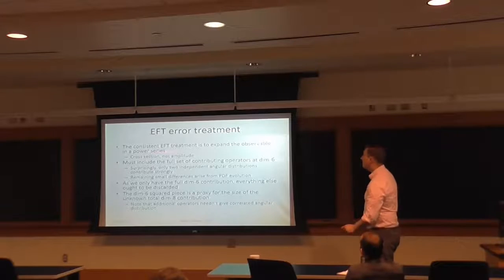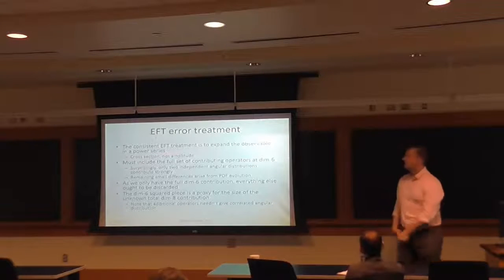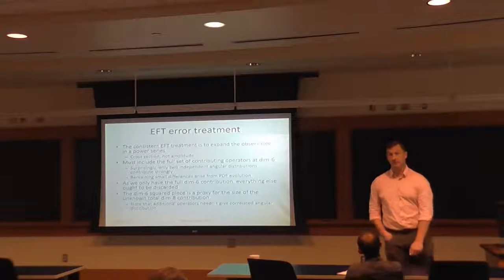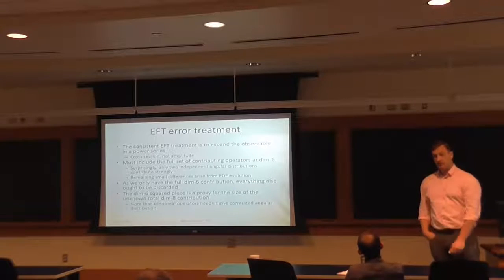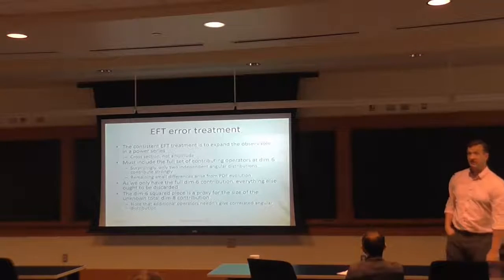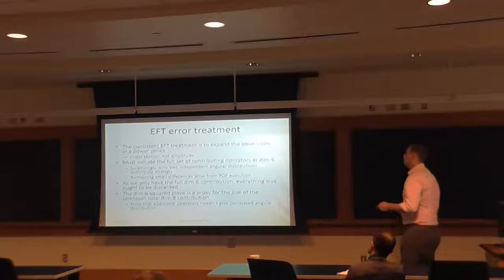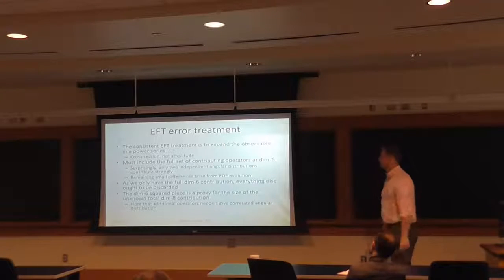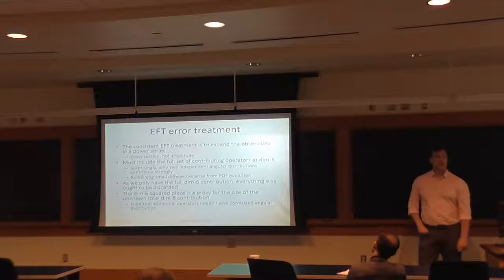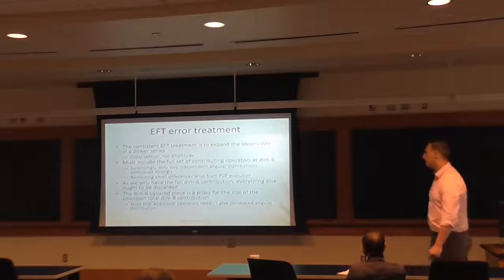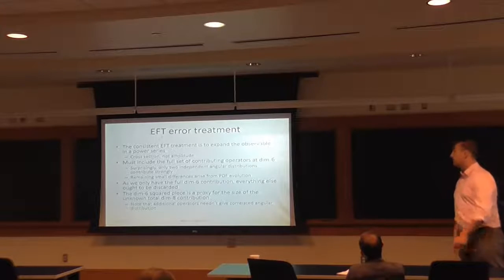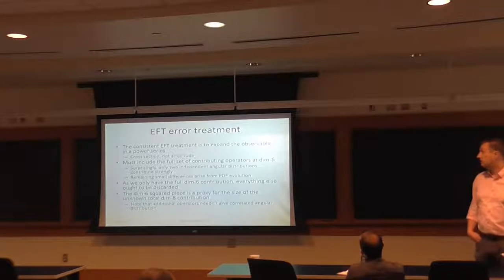The consistent EFT treatment is to expand the observable that you're measuring in the power series, not the amplitude, but the cross section. And that gives you a different answer. You have to include all of the contributing operators at dimension 6. We really only have those two distributions that I showed you earlier, so that's not too bad. There are small differences coming from PDF evolutions.